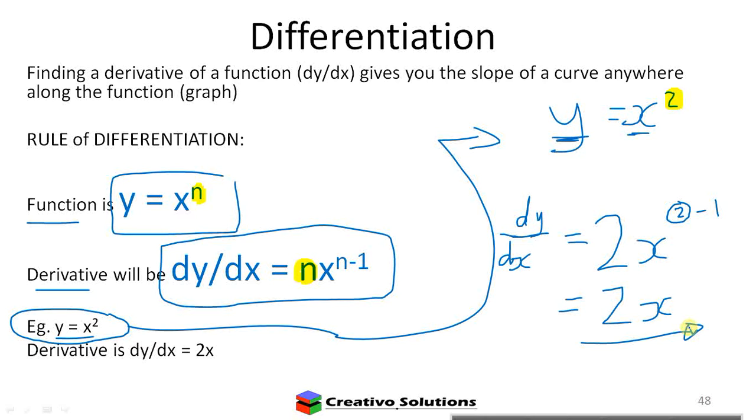So dy over dx is the derivative. I'm just putting that step in. Okay, that's fine, if you want to.